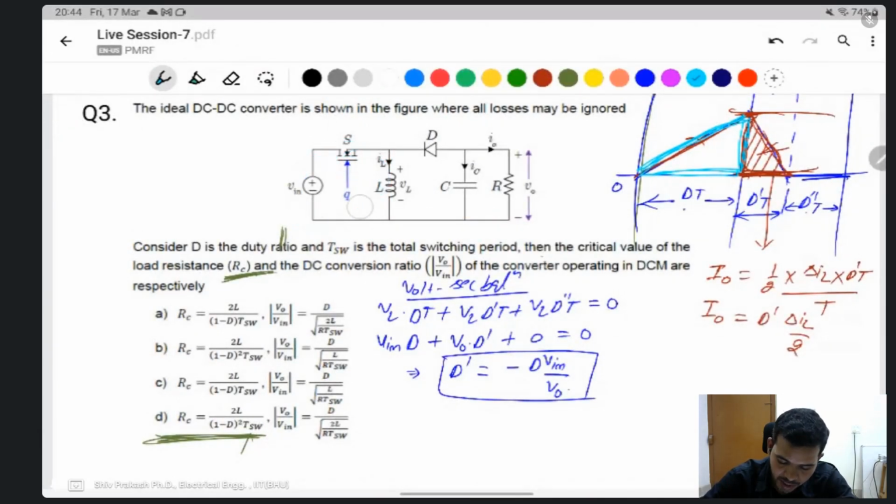When the switch is off, this current flows. But here it is 0, that's why I take only this one. Only that time the current will be present. And the second time they take this one to find the IL max. This delta IL I can retain as 0, this one 0, this one I max.